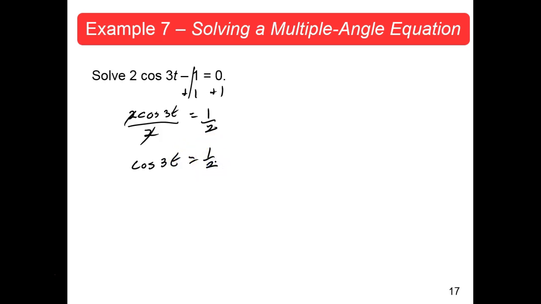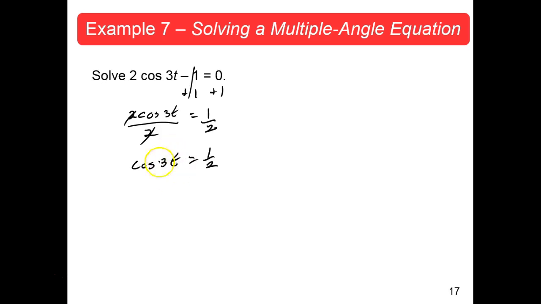Now what do we do? We've solved for the trig function. We isolated the trig function, got it by itself. Cosine 3t is equal to 1/2. Now you solve for the argument of the trig function.